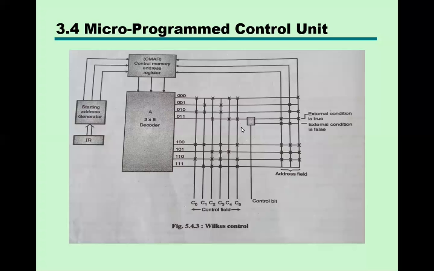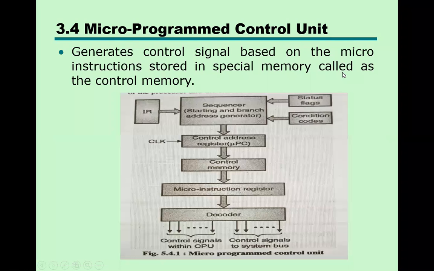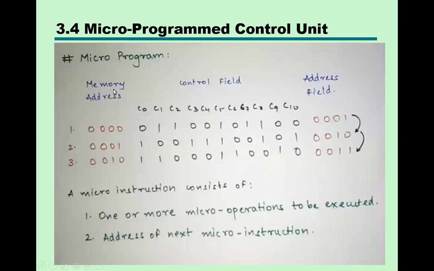Okay, so we are discussing this micro control. Whatever we have discussed here, there is a memory address in the control memory, and from the control memory, at this address there are micro instructions. So for the micro instruction, a control signal is generated.